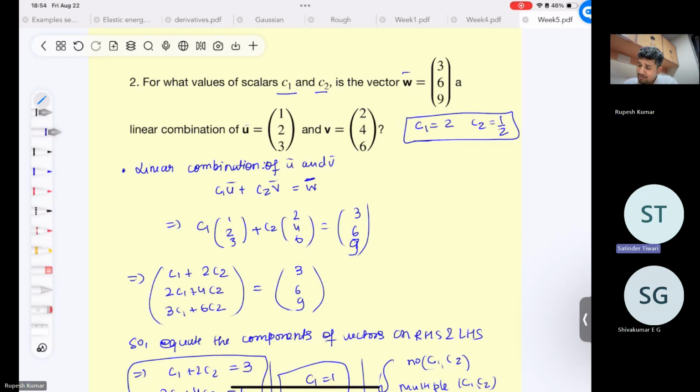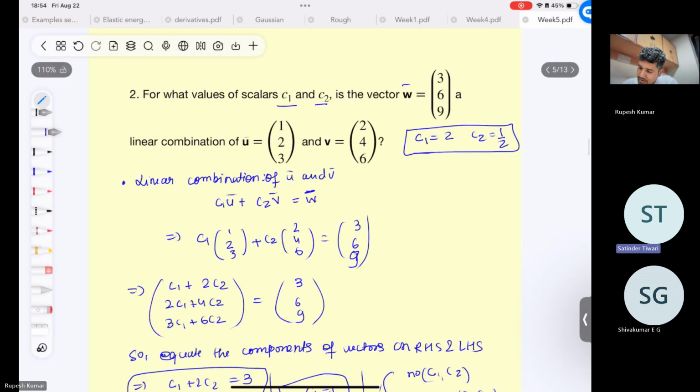Sir, I don't have any doubt. Like, sir is getting confused. I think he was not getting my point. He has cleared my things. We had the discussion just now. Like, U is the point, V is another point in 3D. No, Satinder, just look at the problem statement, right? You have to use the right words. U is a vector and V is also a vector, and W is a vector, right?